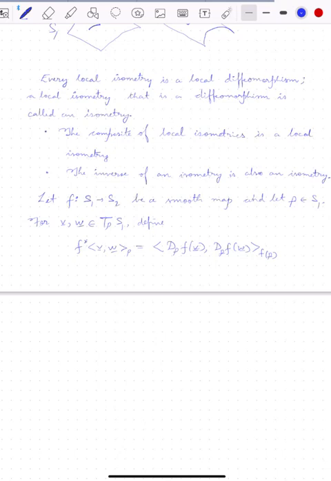Right? So again, F star dot dot is also a symmetric bilinear form on T_P S1. So there we have the symmetricity. It's obvious, of course, and then it's also linear in that sense.